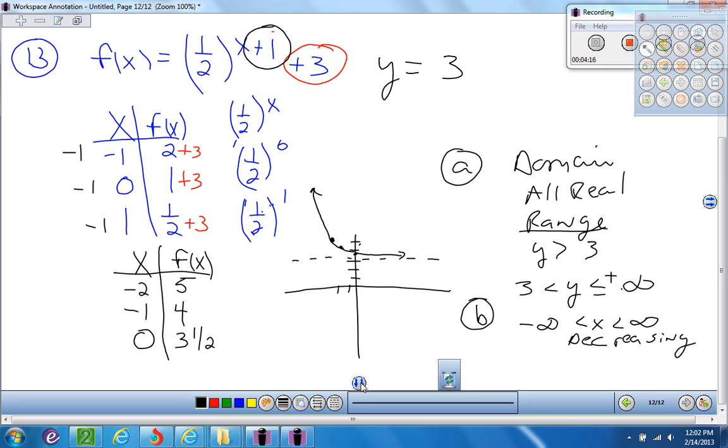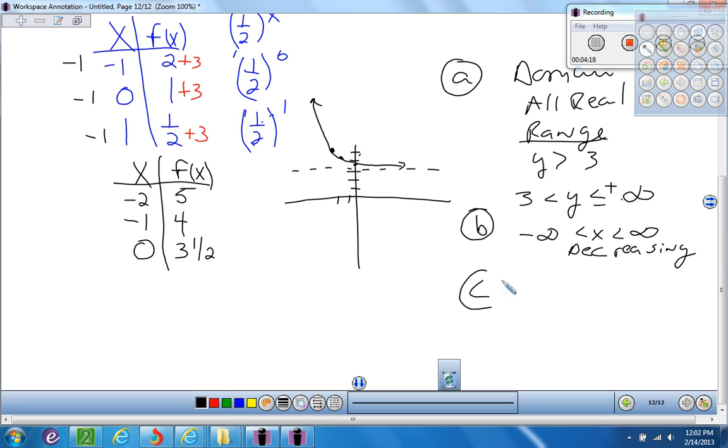Alright, now the C part, we're going to have to go back, because we want rate of change, and they want it for x's from -1 to 1. Well, this is our real function right here. So we have -1. Well, we need to know what happens when it's 1.